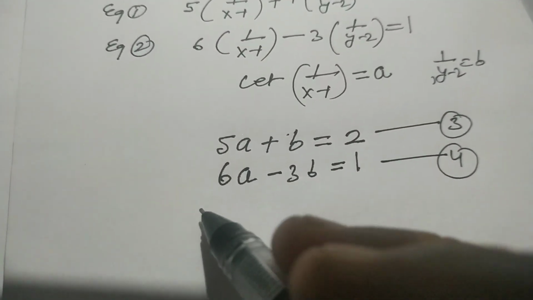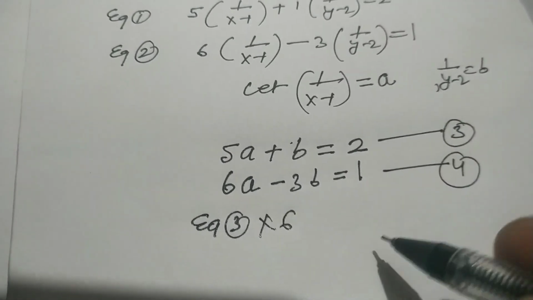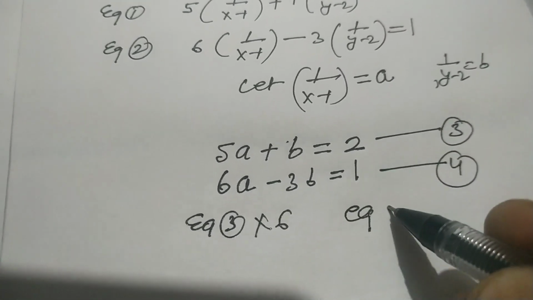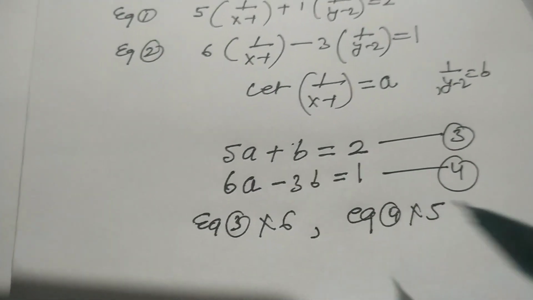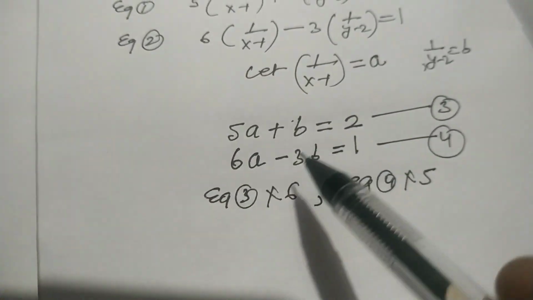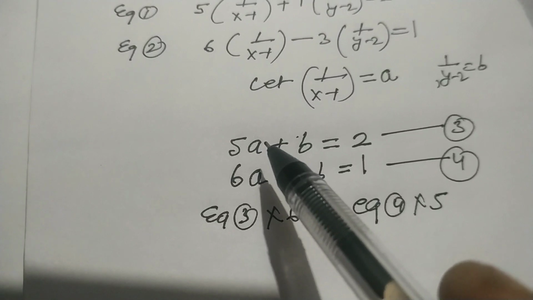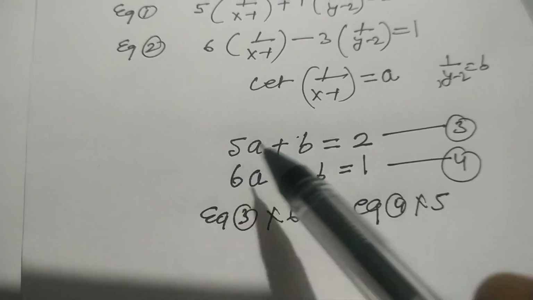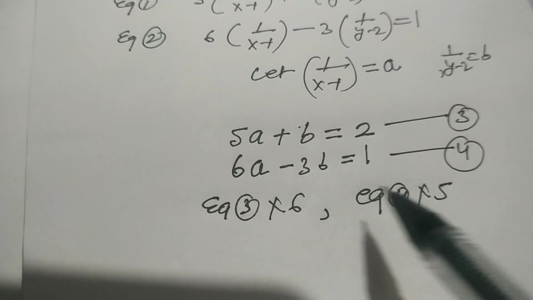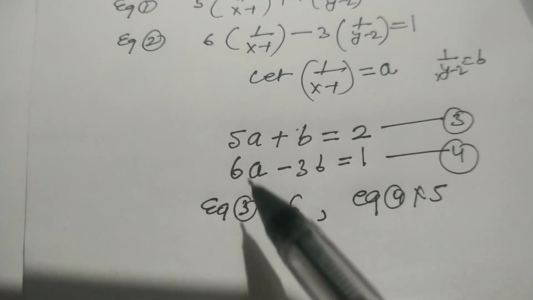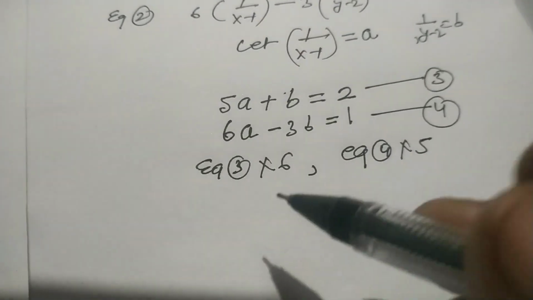If I multiply equation 3 by 6 and equation 4 by 5, then the coefficient of a will be the same, so that we can solve it further.